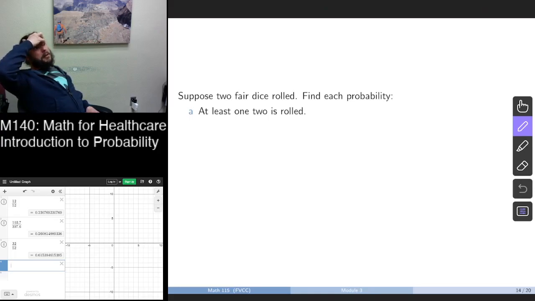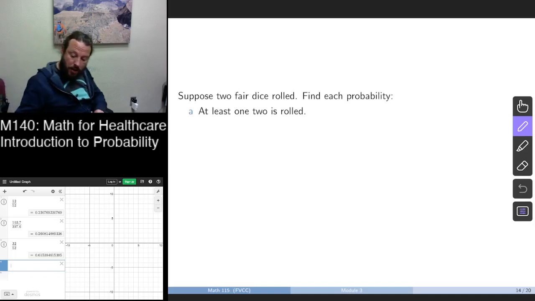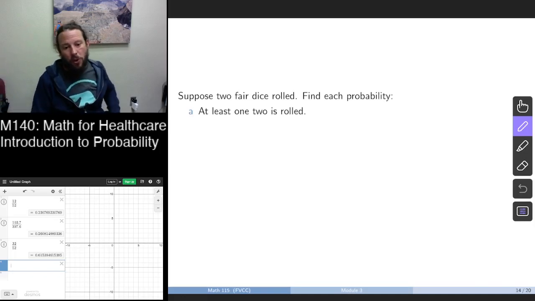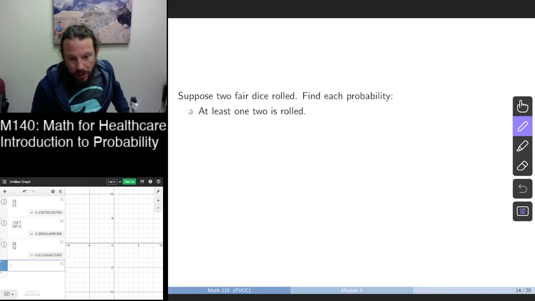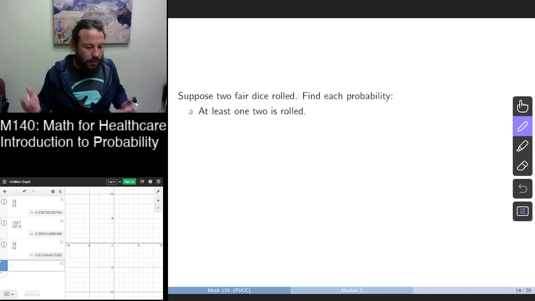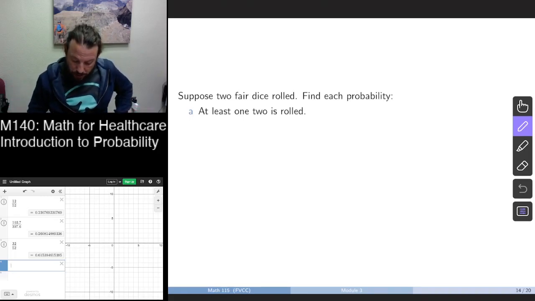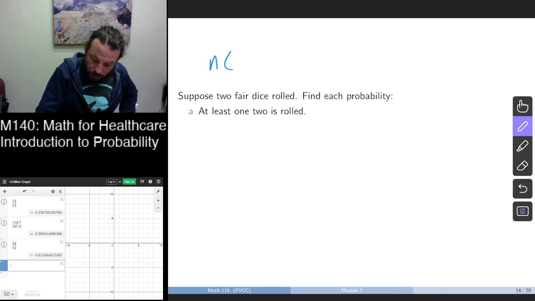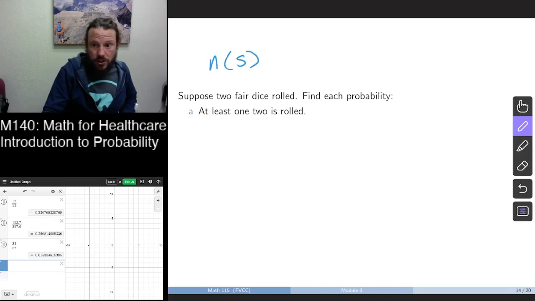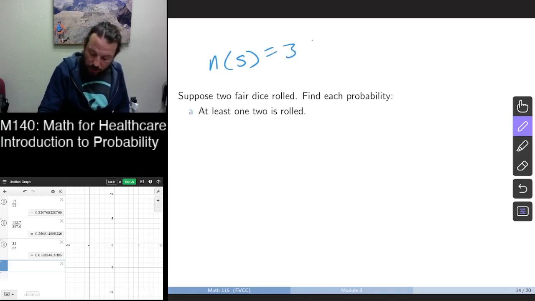Just like with the coins, in order to get equally likely outcomes, we're going to put an ordering on dice, even though we don't really think of that. In other words, we're going to have the first die and the second die, or the blue die and the red die, whatever you want to think of it as. And for dice problems, there's 6 possibilities for the first, 6 for the second, and we get the size of the sample space is 36.